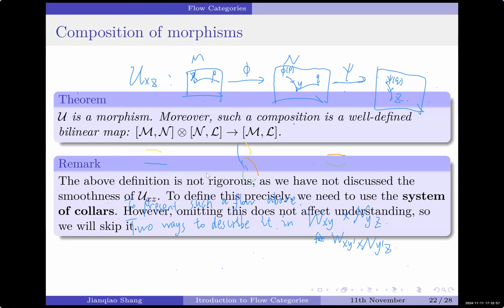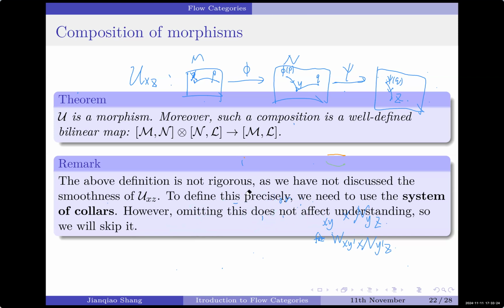Yeah, so I will explain the definition. It's not a strict definition. When we quotient by the equivalence relation, we glue other things together, and we need it to be smooth.